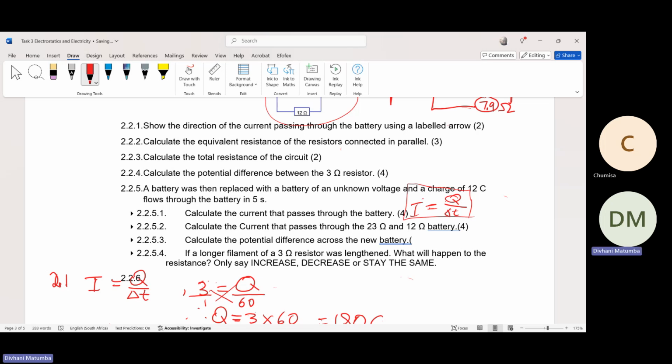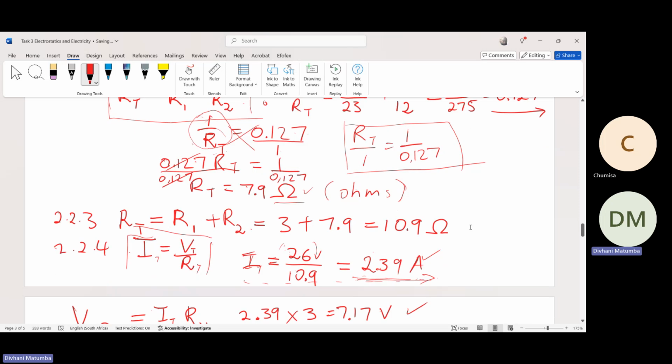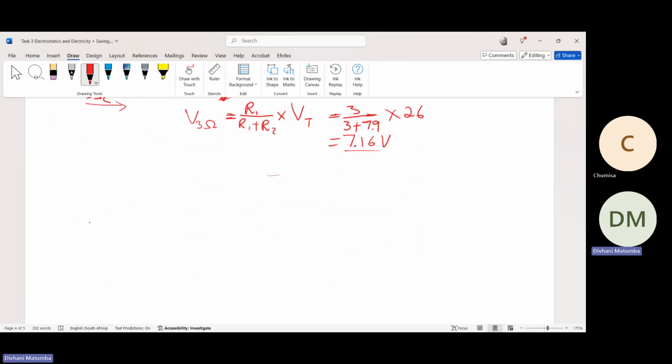We are looking for what? We are looking for current. Do we have Q? Yes, sir. Do we have change in T? Yes, sir. Then we're done. So how do we calculate I then? Let me set it up.